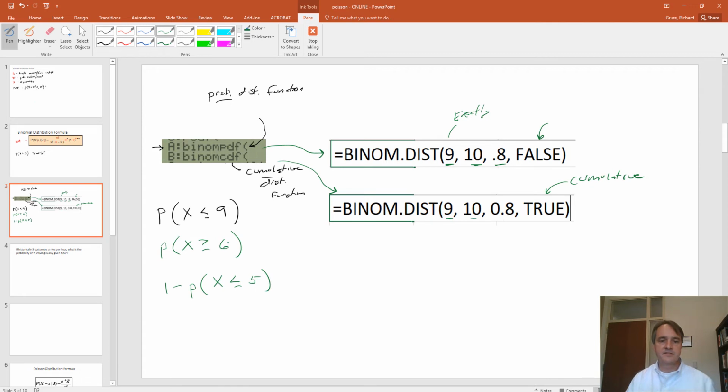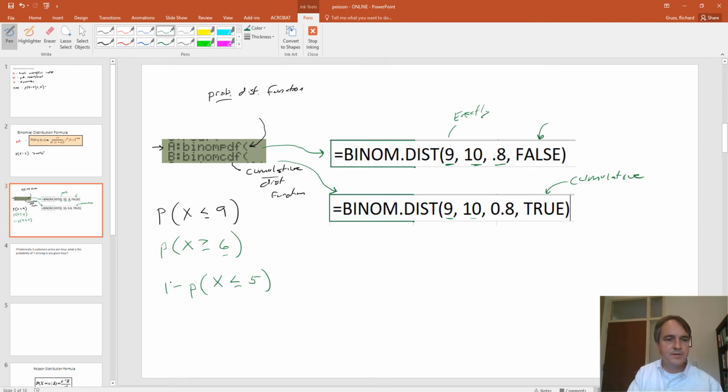Because this is a discrete probability distribution, the opposite of greater than or equal to 6 is less than 6, and to be less than 6 is the same as being less than or equal to 5. So to get the probability of greater than or equal to 6, we do 1 minus the probability that x is less than or equal to 5.